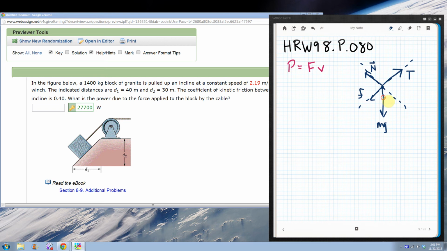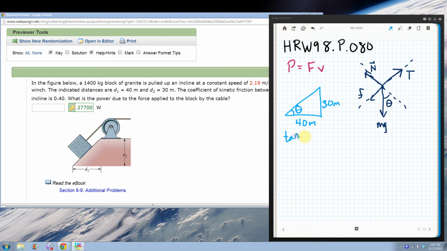Okay, now I'm going to need this angle. They don't give it to me, but they do give me some distances, so I can figure that out. I've got a triangle where this distance is 40 meters and this distance is 30 meters. So I've got the side opposite and the side adjacent.